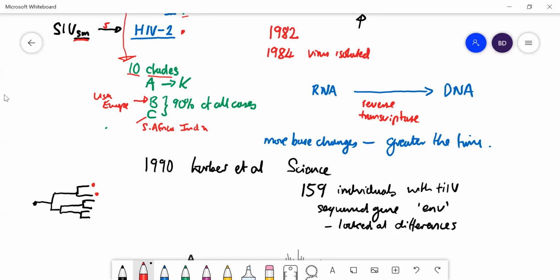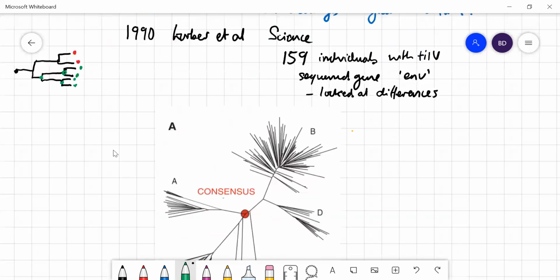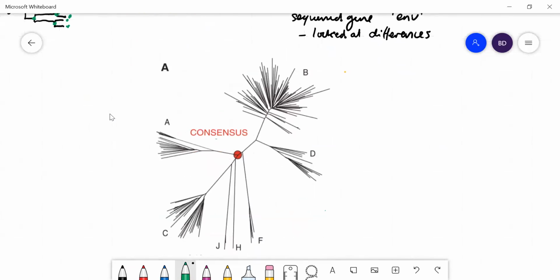Whereas if you look at these four here, these are going to be fairly similar to each other, quite different from the red ones, and they must have diverged twice, once at that point and once at that point. So they got a computer program to make up this diagram here, and that figure A is just A in the journal.